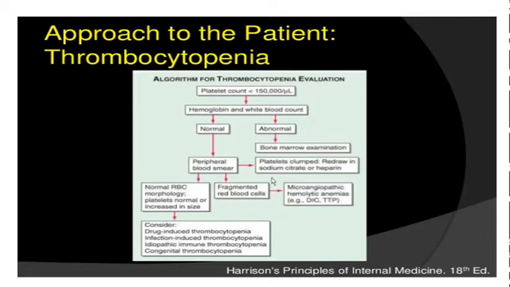Whenever you find a patient with a platelet count less than this, you approach such patients with measurement of hemoglobin and WBC. If they are normal, then you look at the peripheral smear: the RBC morphology, the WBC morphology, the platelet morphology and size, and whether there are any abnormal cells, whether in the form of fragmented RBCs or otherwise.